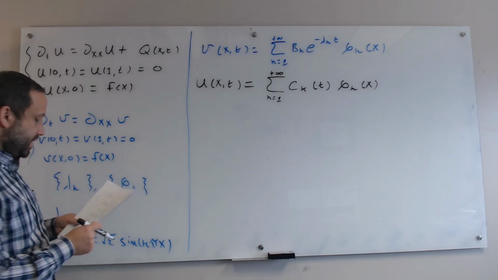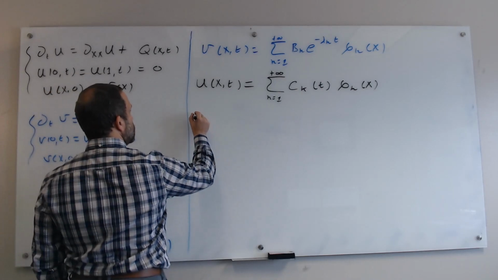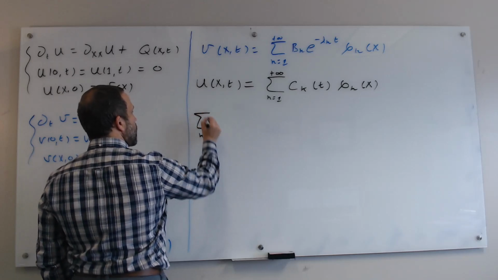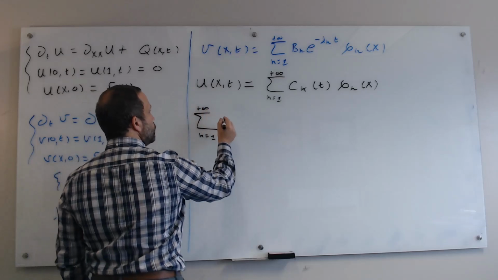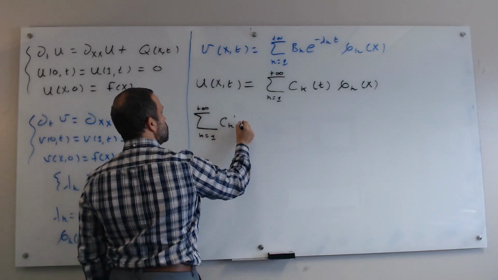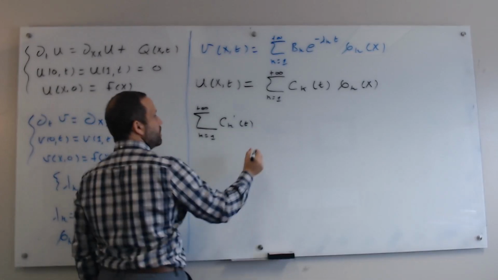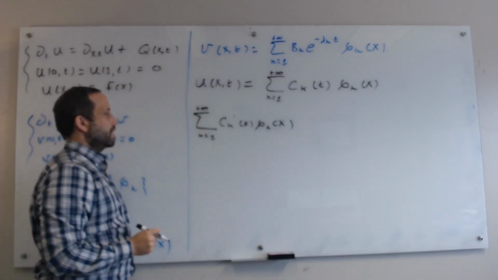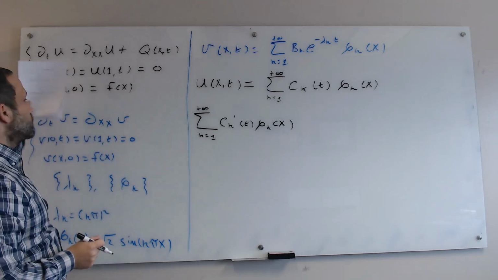Well, when we take the t derivative of it, we're going to get the sum k equals 1 to infinity of c_k prime of t phi_k of x. That's the left-hand side.